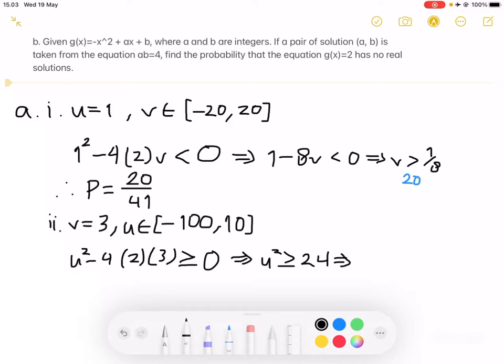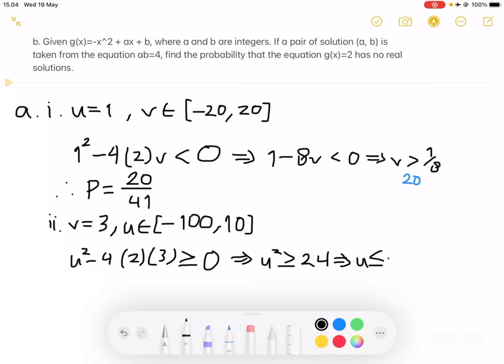And solving this in the integers, knowing that the square root of 24 is approximately 4 point something and very close to 5, if you round it to the nearest integer, it would be 5. So that's just a fact to use in this inequality.